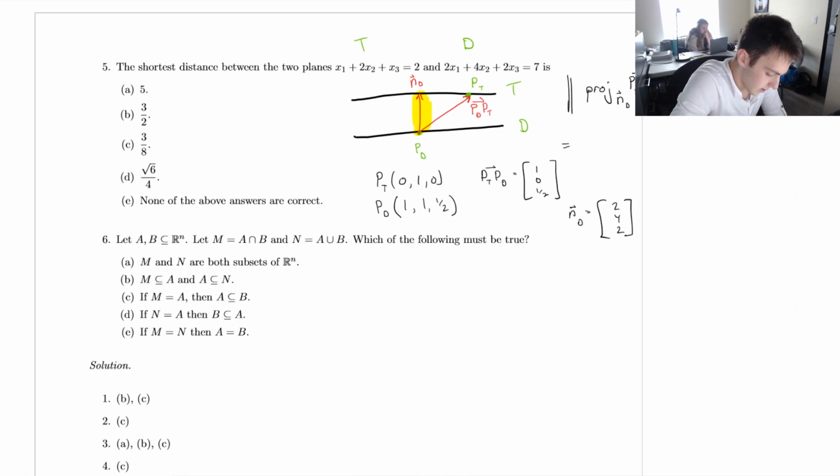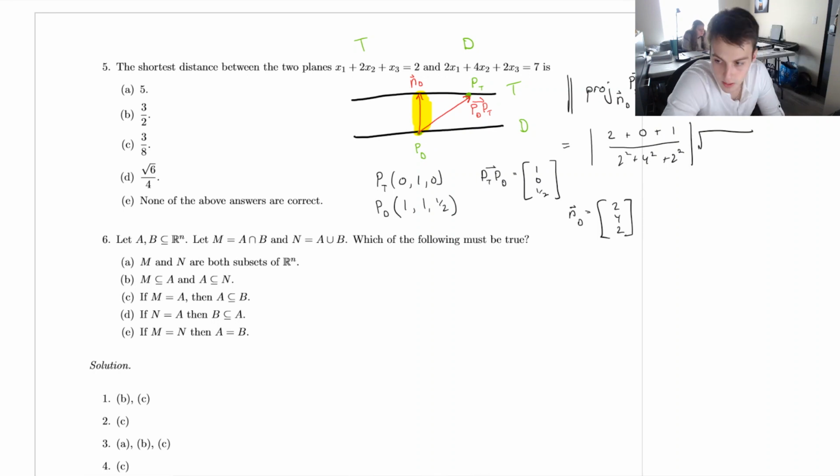Then, taking the magnitude, we've got the absolute value of the dot product of these two. So we've got 2 plus 0 plus 1, divided by the magnitude of the normal, square root of 2 squared plus 4 squared plus 2 squared.